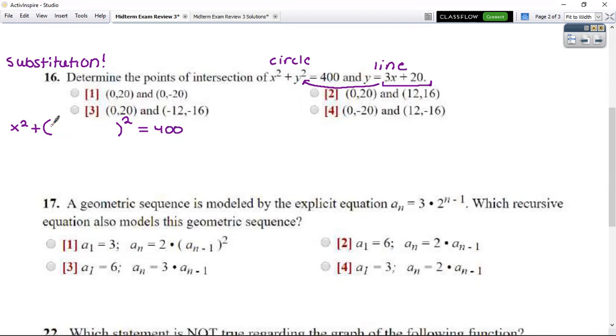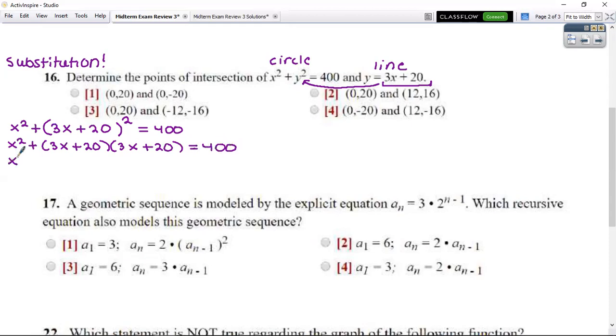So I do 3x plus 20 squared. You can't shortcut this. You have to write that out twice and do your multiplication. So I would have x squared plus 3x plus 20, 3x plus 20, equal to 400.